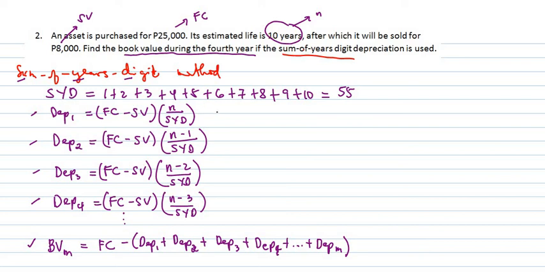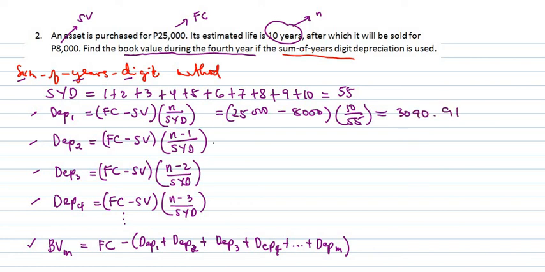So first year depreciation, we have the first cost, 25,000, minus our salvage value, 8,000. And then we multiply this by n years, that is 10, over our SYD, that is 55. So we have our value here, that is 3090.91.